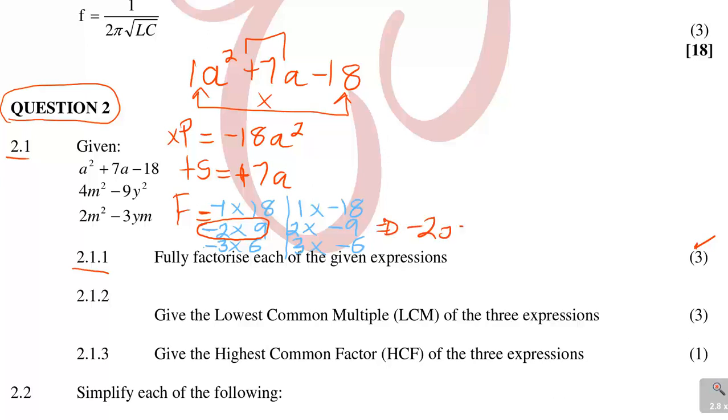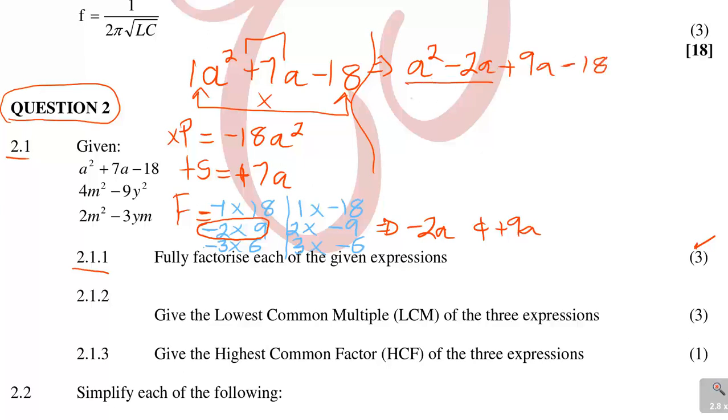negative 2a and positive 9a. So when I'm solving from here, I will get a squared minus 2a. Actually, it's not x. I was supposed to write it in terms of a, because we're not dealing with x there. So minus 2a plus 9a minus 18 there.